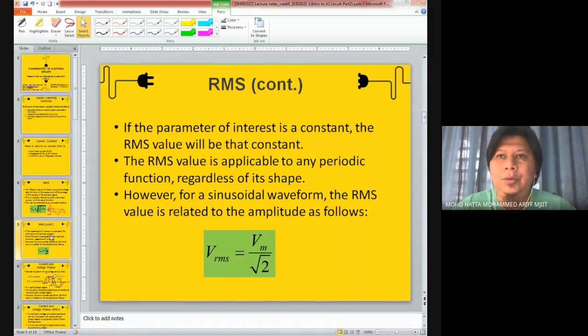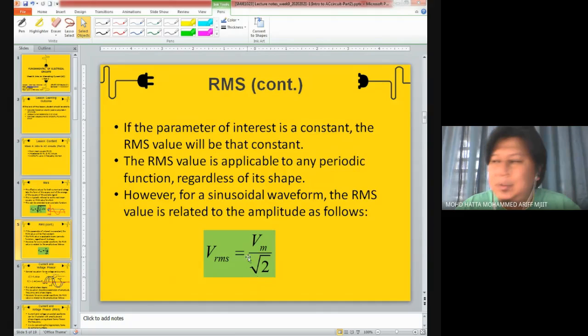If, for example, you see that your power outlet is 120 volt, it means that that one is not your RMS value. You need to find the RMS value by dividing it by square root of 2.